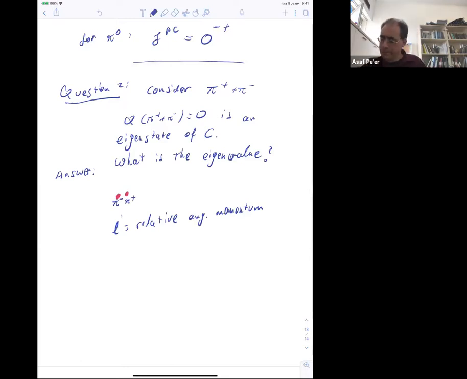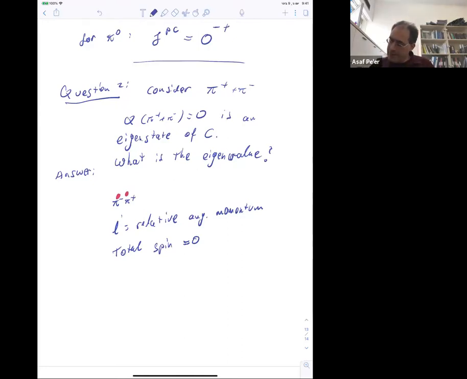It would be 0. And also the total angular momentum would be 0.